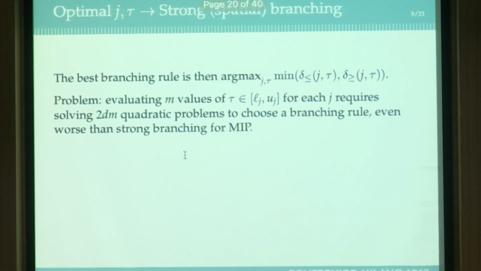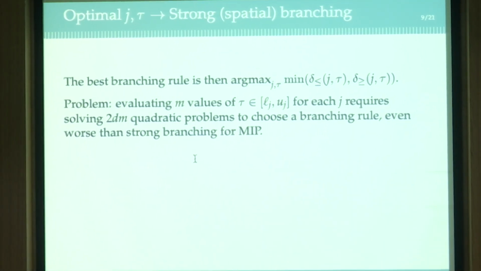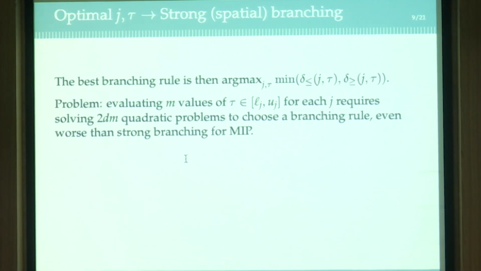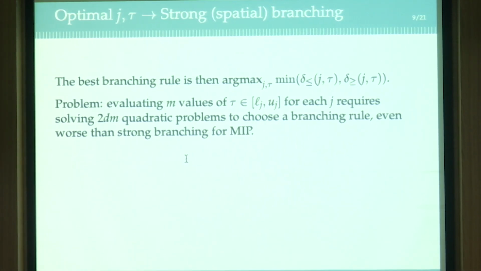All I have to do is then, for example, sample M values of the value tau for each of the D+1 G variables, solve for each of them two convex quadratic optimization problems, and then finally I get possibly an estimate of the score, an estimate of the improvement in the objective function after I don't know how much time I spent in solving these QPs.